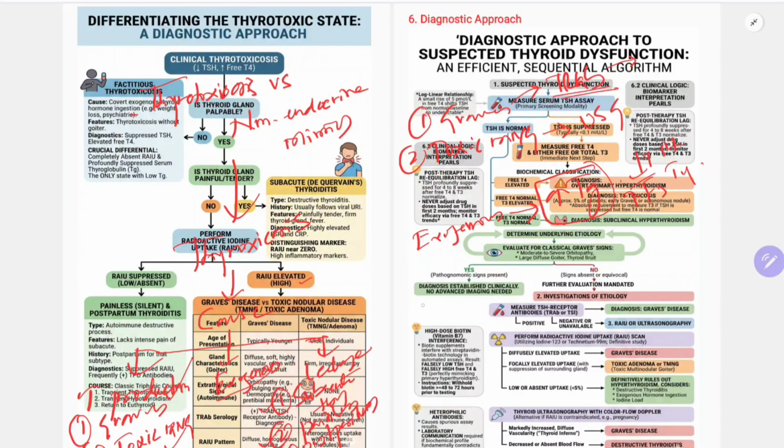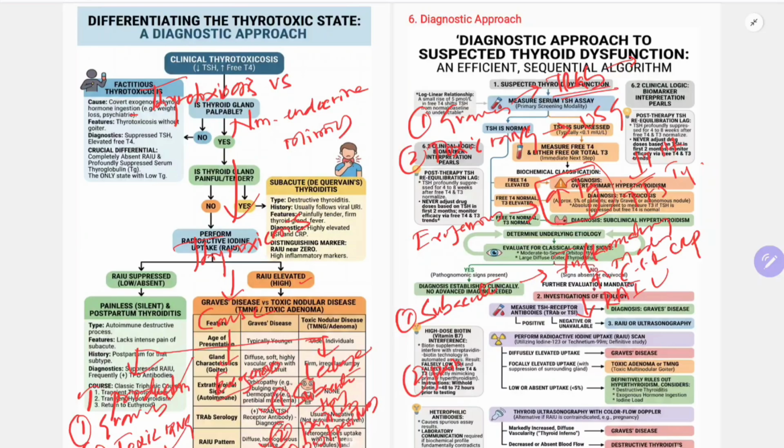And in subacute thyroiditis, inflammatory markers will be increased, like increased ESR and CRP, and if you do radioactive iodine uptake, it is suppressed.